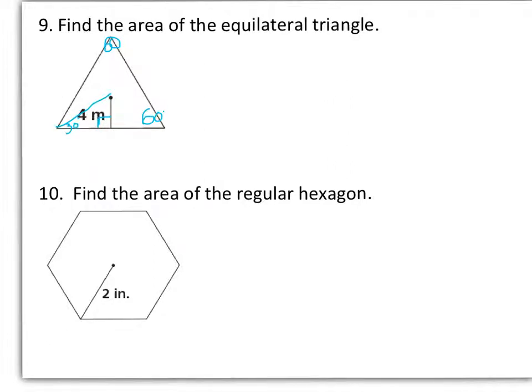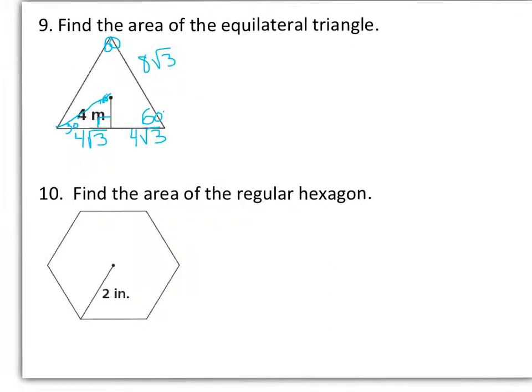It's half of 60. So that makes the top angle 60 degrees, which means my apothem is my short side in a 30, 60, 90 degree triangle. So if that is 4 meters, the longer side will be 4 square root 3 meters. So will this side. So it makes the whole length of the equilateral triangle sides 8 square root 3.